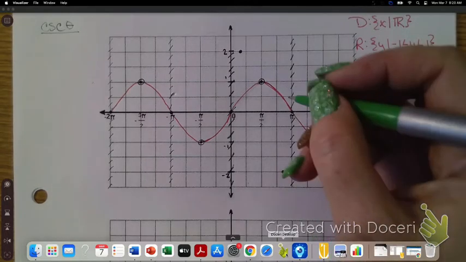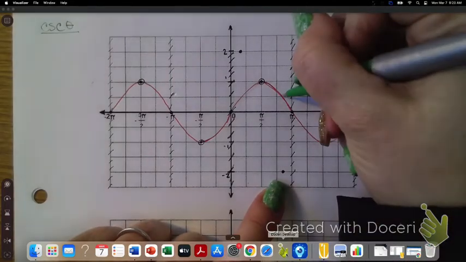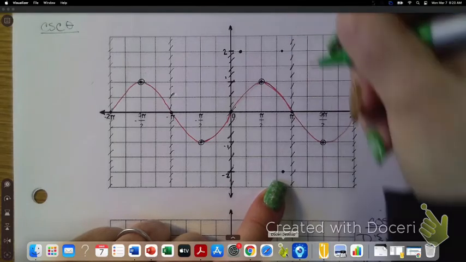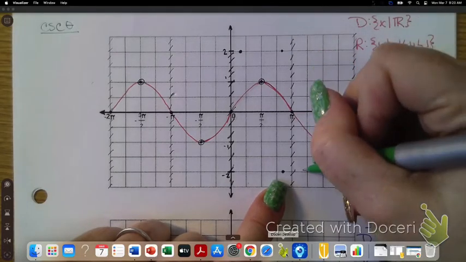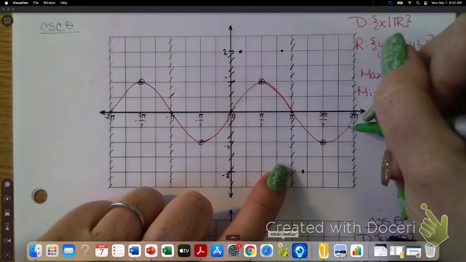Wait, that's not negative half. I put it in the wrong spot. Yeah, you did. This is positive a half, yes? So it'd be what? 2. This one over here is negative a half, so it'd be what? Negative 2. And this one's negative a half, so it'd be what?